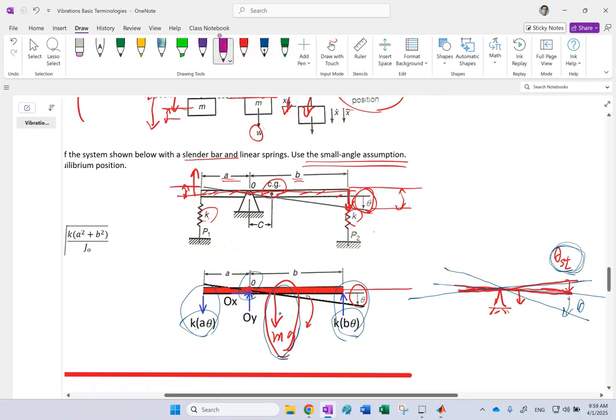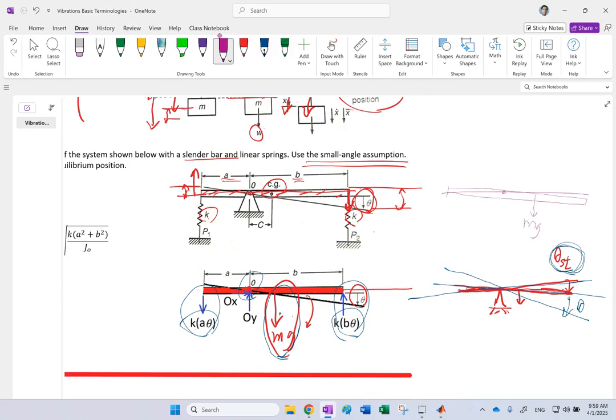So if I draw the FBD of the system under a static scenario, there is mg here, there is one force there, and there is one force here.